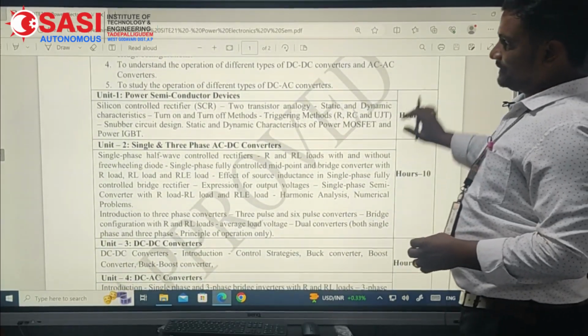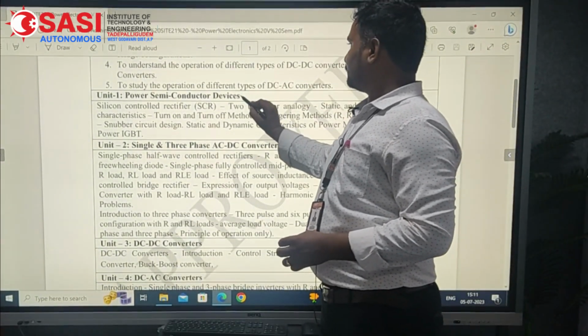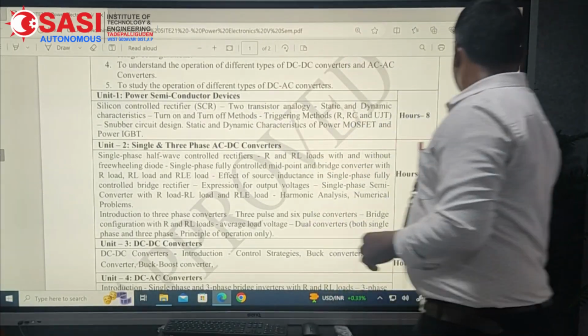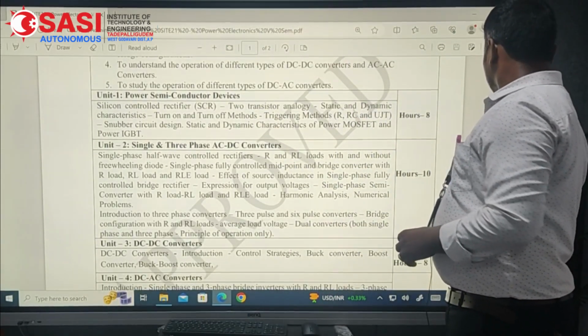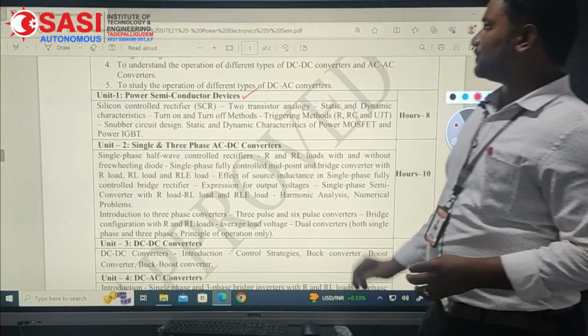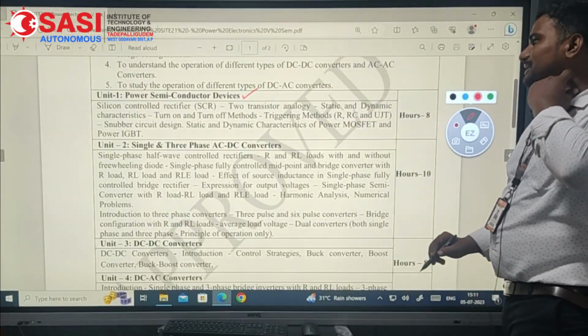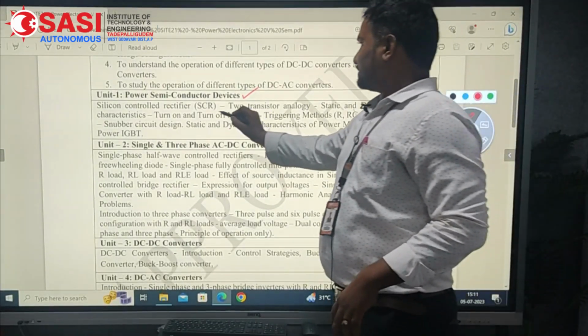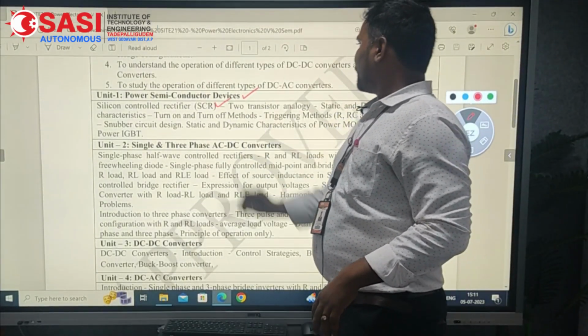So unit 1 indicates the power semiconductor devices. In these power semiconductor devices, we are going to study the SCR characteristics, that is silicon controlled rectifier.